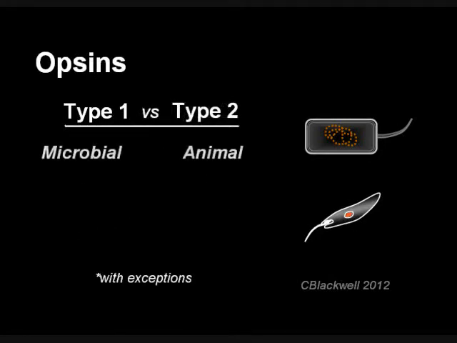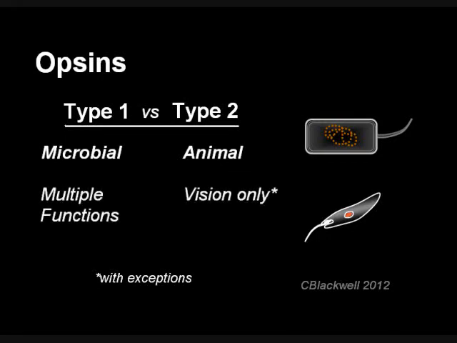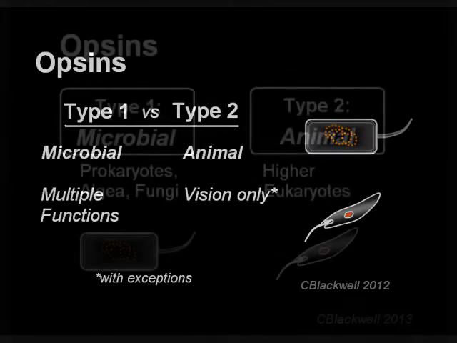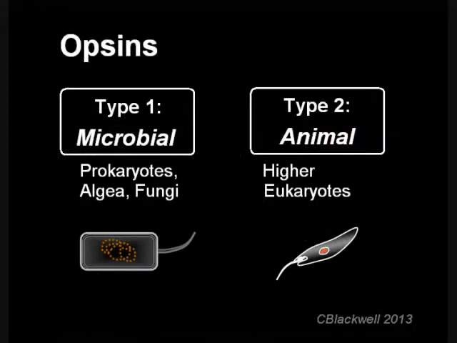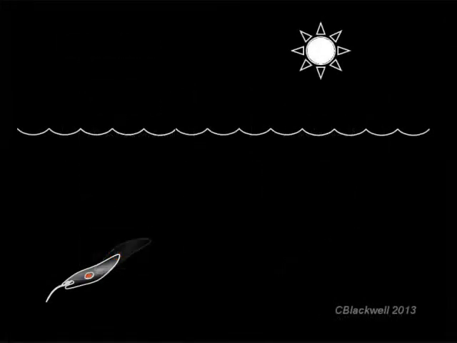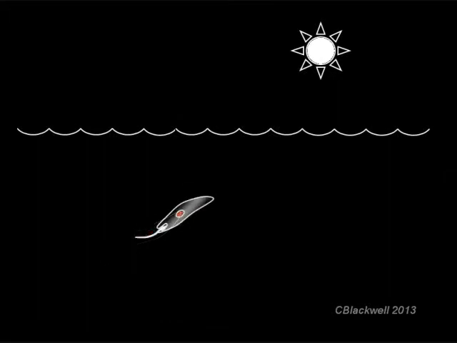In addition to their existence in different types of organisms, type 1 opsins play a role in other cell processes, while type 2 opsins are almost exclusively involved in light detection. Recent studies have found significant structural differences, strongly suggesting that these two opsin classes probably evolved separately, that is, not from a common ancestral protein. The reason for spending time here is to demonstrate that the ability to sense light is both fundamental and ancient.